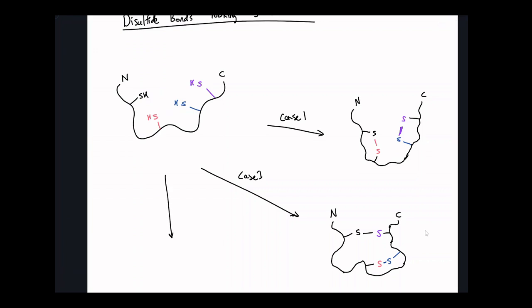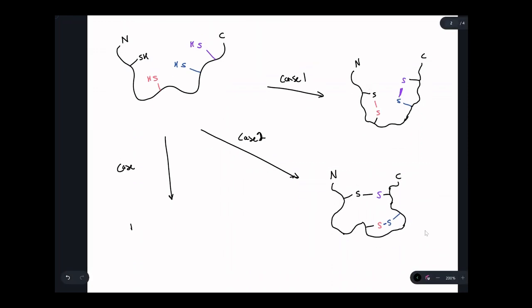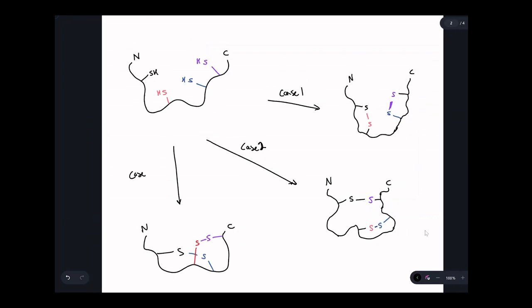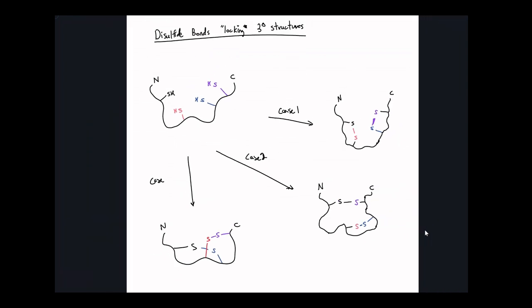We can also imagine a third case, and in this third case, you can see all these different combinations become quite challenging to organize, but the black one could connect to the blue one, and the red one could connect to the purple one. So we have all these different combinations of cysteine bonds that can form, and this plays an important role in many proteins' tertiary structure.